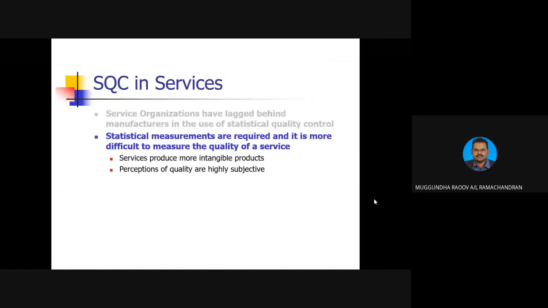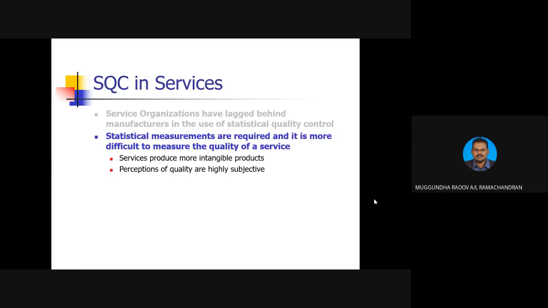Now, service. The control chart in service organizations has lagged behind manufacturers in the use of statistical quality tools. Statistical measurements are required, and it is more difficult to measure the quality of a service, because the service produced is a more intangible product. Perceptions of quality are highly subjective.